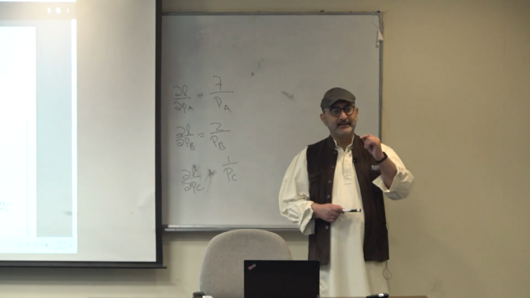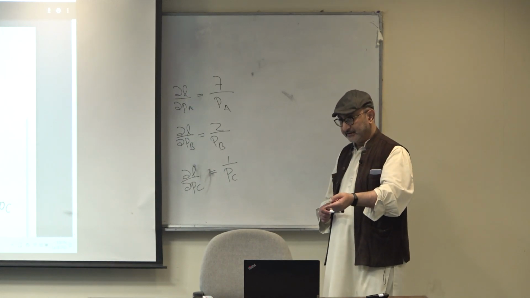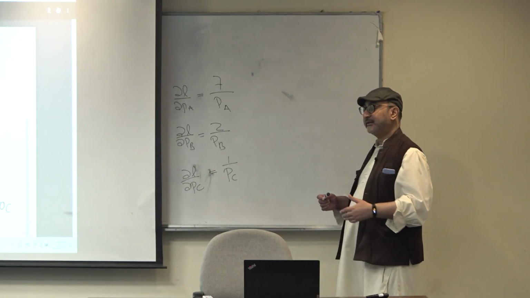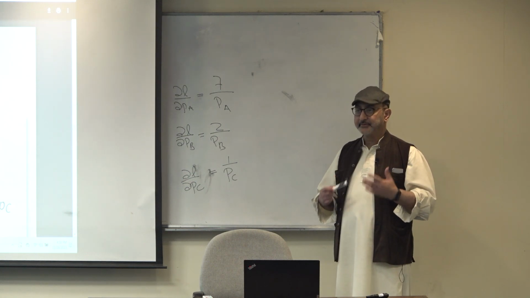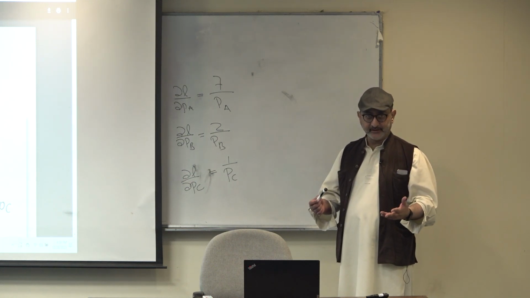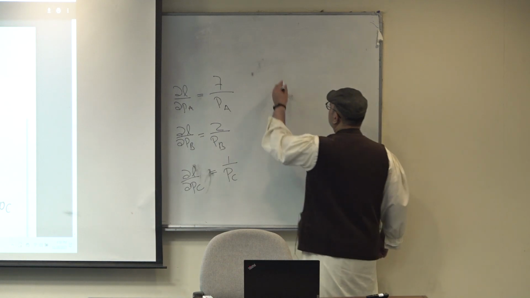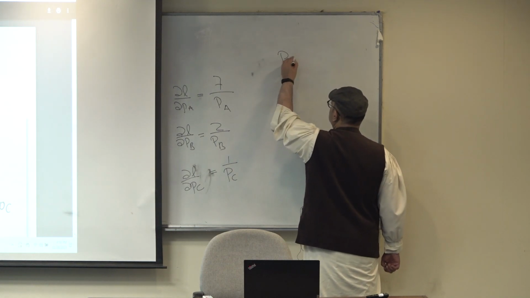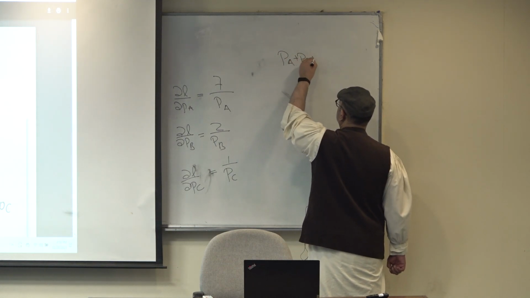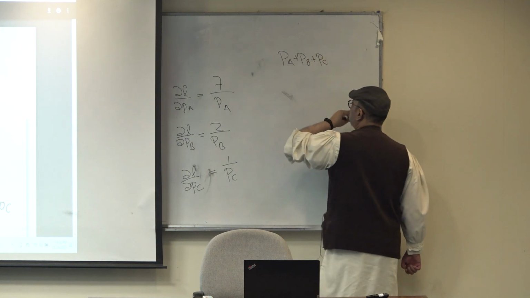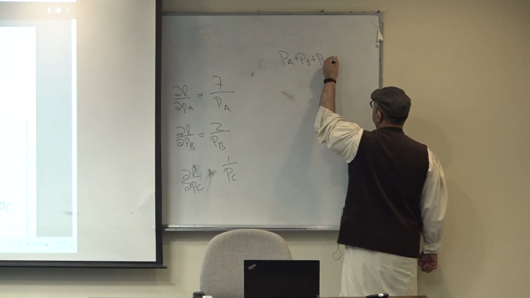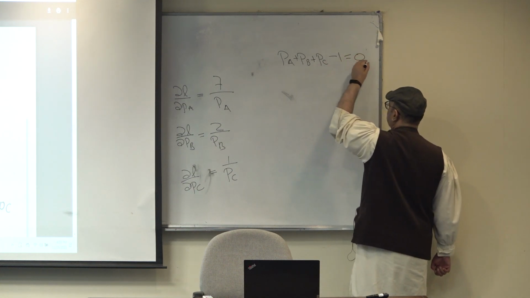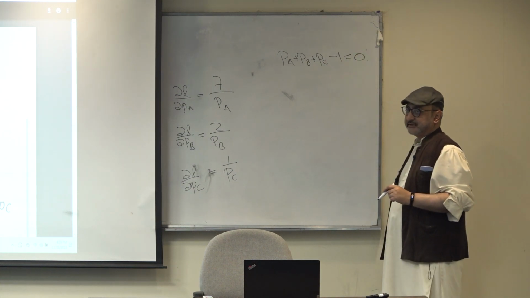Now you also had a constraint. The method of Lagrange multipliers helps you deal with optimization problems when you have a constraint. The constraint was that p sub a plus p sub b plus p sub c is equal to 1, or that the sum of the probabilities minus 1 is equal to 0.